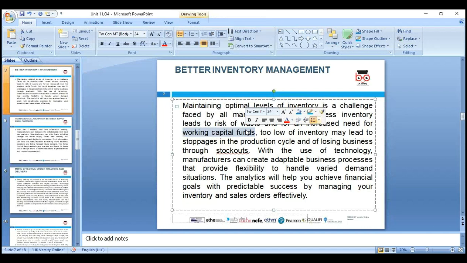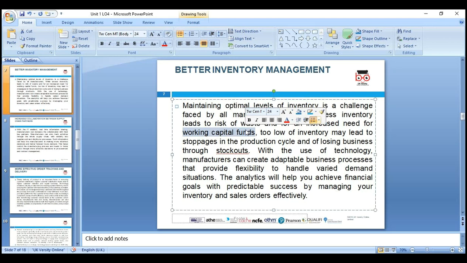We need to make sure we have enough cash, enough inventory, and some receivables. All this is called the working capital cycle. We have a quick cash receipt and a good agreement with the supplier to pay them late. Otherwise it leads to a stoppage in the production cycle and losing business through stock out.